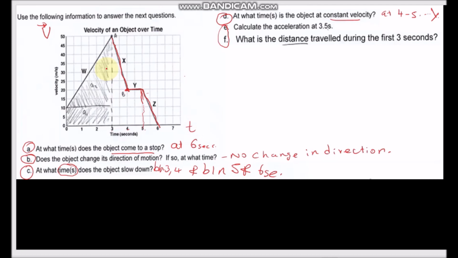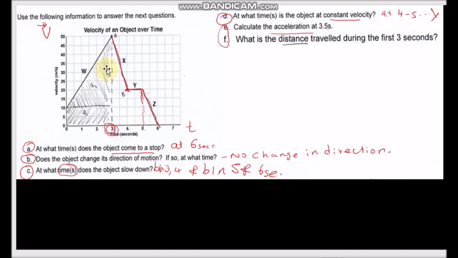For E, you are going to calculate the acceleration at 3 seconds. And F, what is the distance traveled during the first 3 seconds. Let me give you a hint. For E, calculate the acceleration at 3 seconds.